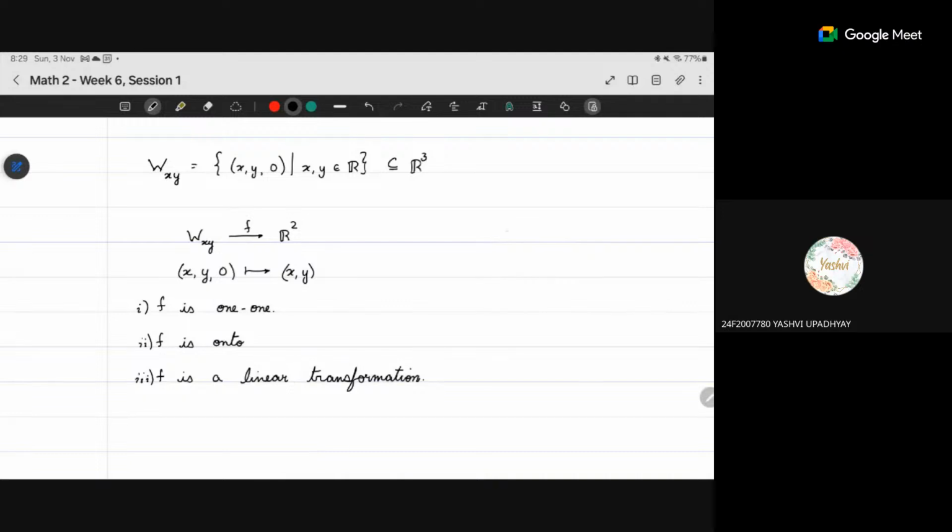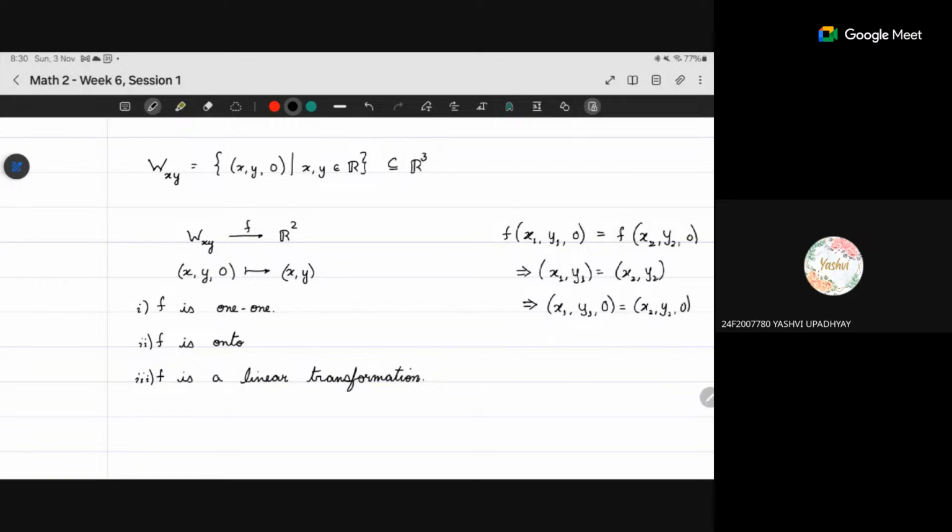So in this case, if f of x1, y1, 0 is equal to f of x2, y2, 0, then this would mean that x1, y1 is equal to x2, y2. And just by comparing coordinates, I can go back to this. And this is 1-1.